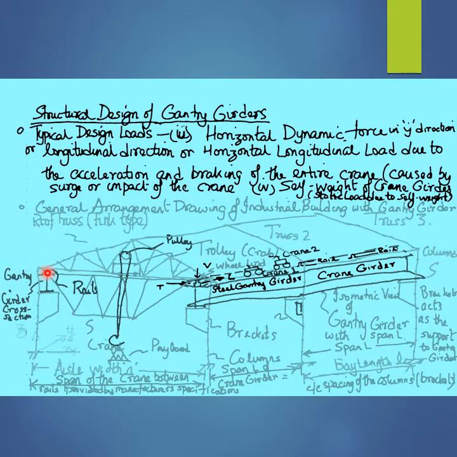That means the degrees of freedom along all the three directions: the X or the horizontal transverse direction due to the movement of the loaded trolley that can translate in the horizontal transverse direction on the crane.